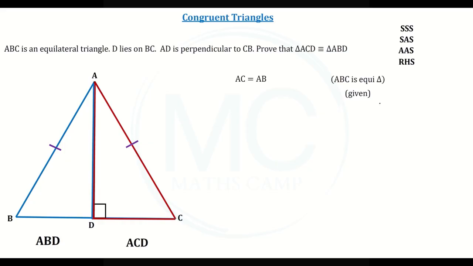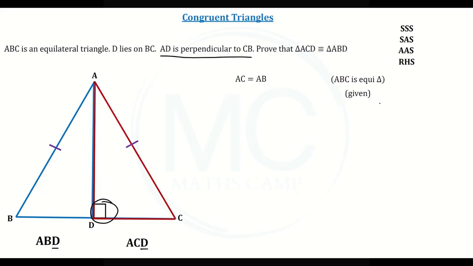The question also tells us that AD is perpendicular to CB. Perpendicular lines create 90-degree angles, and we can see this from the 90-degree angle in our diagram over here at D. Now, D is the last letter in triangle ACD and the last letter in triangle ABD.